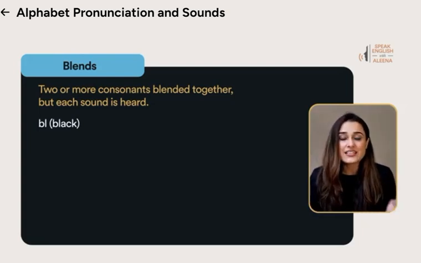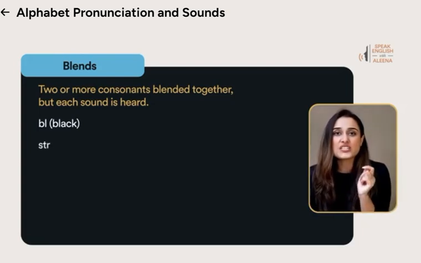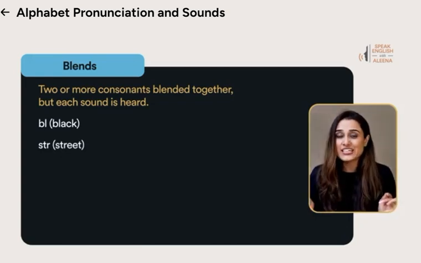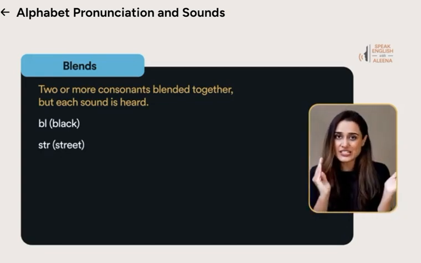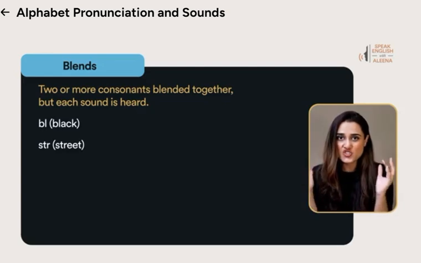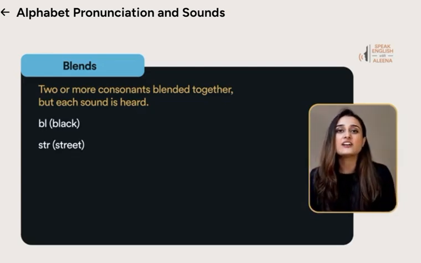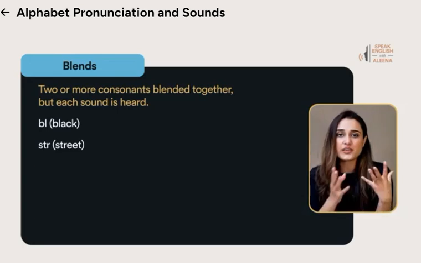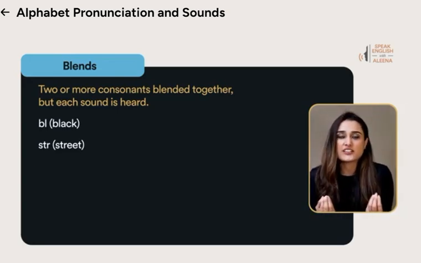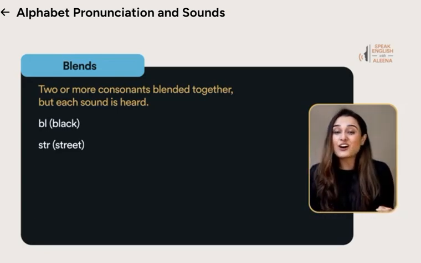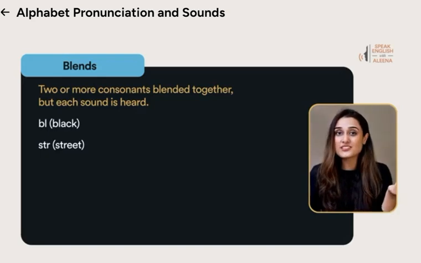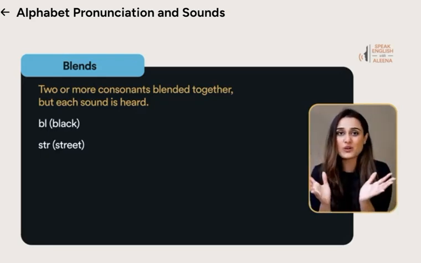These are blends, as in street, where if you write in Hindi, S will be incomplete, right? So S and T and R, str. You're bringing together S, T and R to make the sound of str. Right? This is a blend. Blends are where two or more consonants blend together to make one sound.